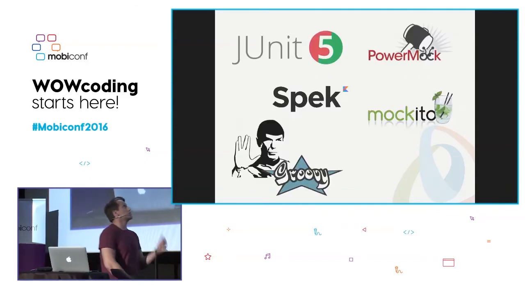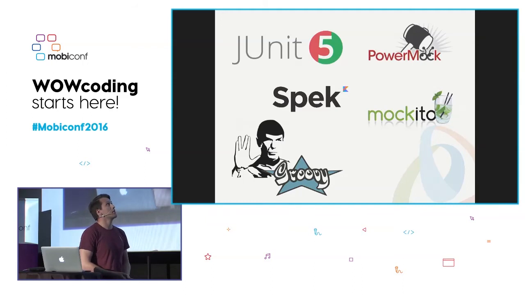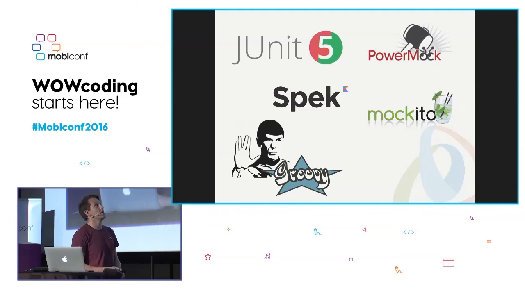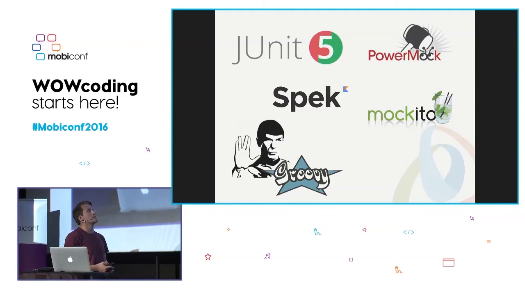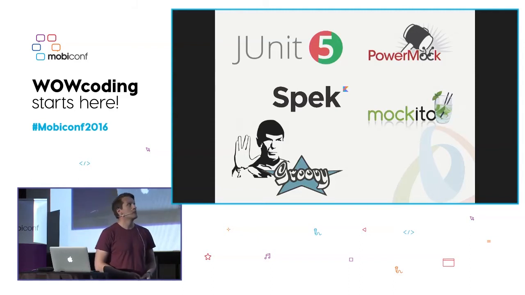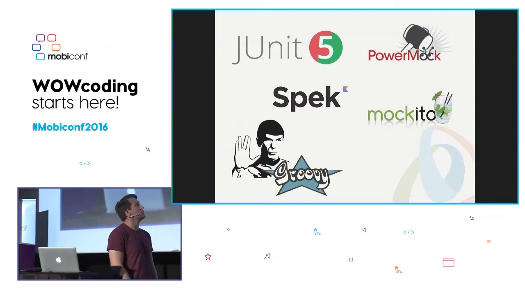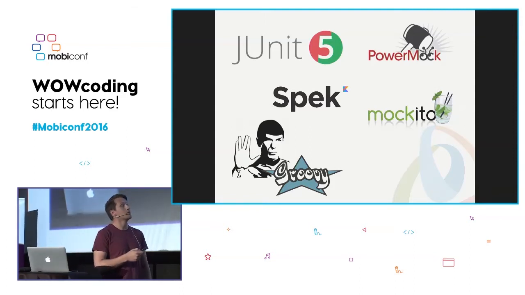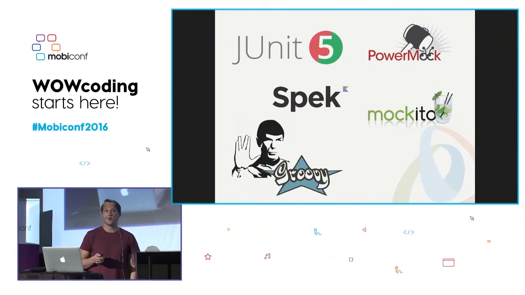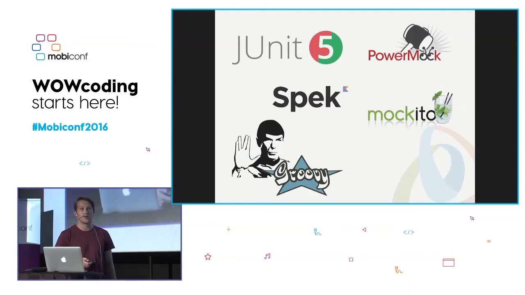So we have a lot of tools. We have JUnit 5. I will not talk about JUnit 5; I will give you a few samples in JUnit 4. We have PowerMock. Nah. We have Mockito. We have Spek, something new from Hadi Hariri at JetBrains.